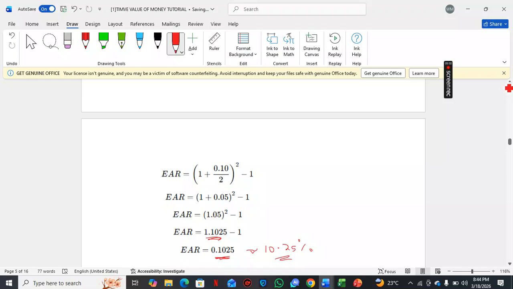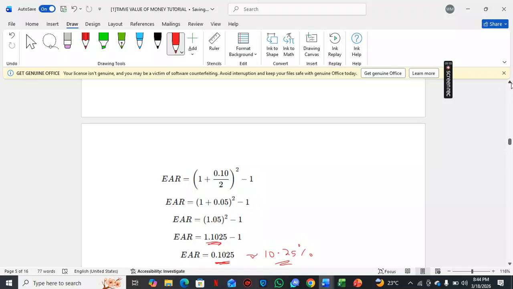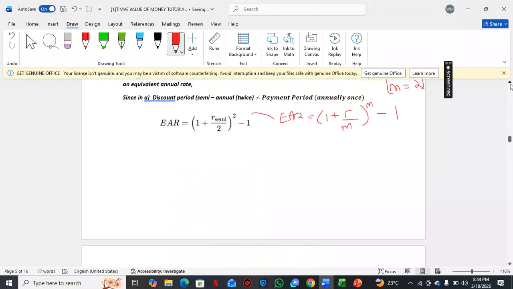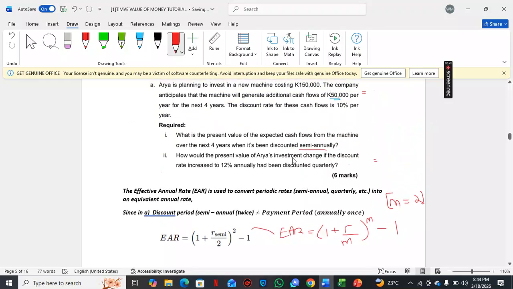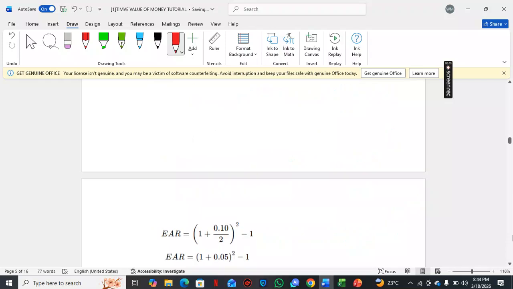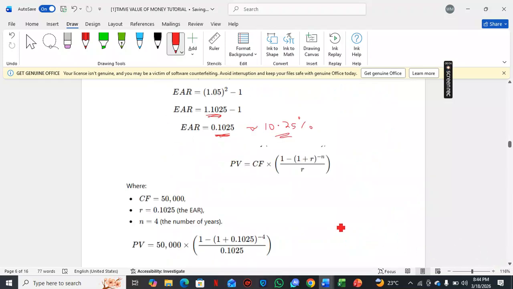Okay, so remember colleagues, this is an annuity here. We're trying to find the present value of the annuity, because they're asking what is the present value of the expected cash flows from the machine over the next 4 years. So this is an annuity, where you're getting the same amount of money over the same period of time. So we can now get the present value of our annuity, and this is the formula.